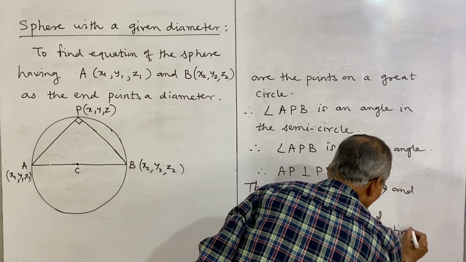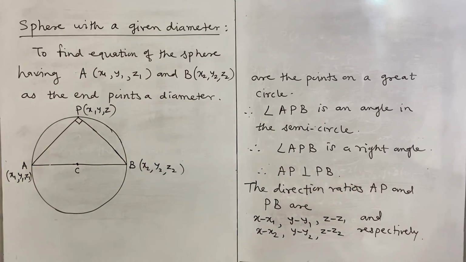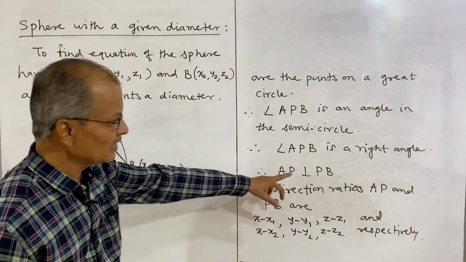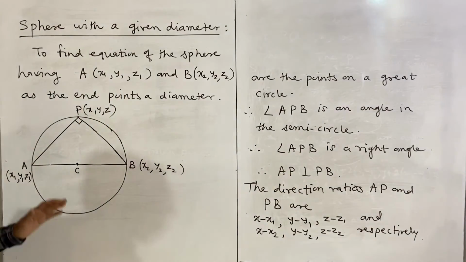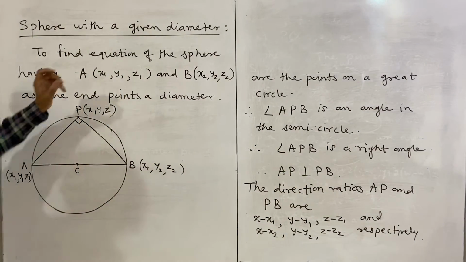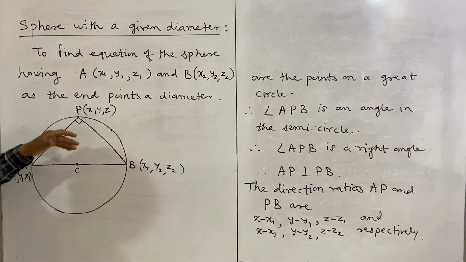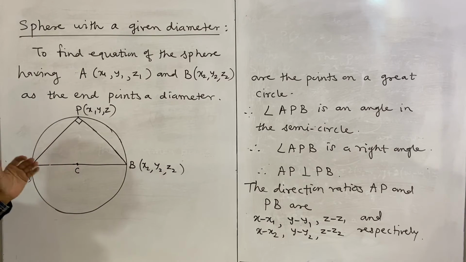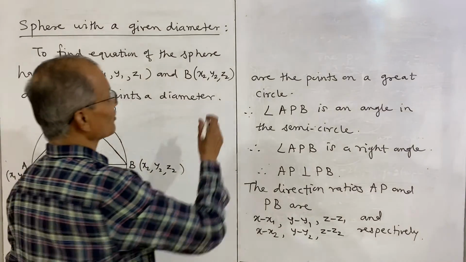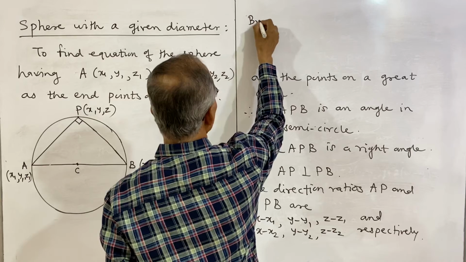Since AP is perpendicular to PB, by the condition of perpendicularity, if two lines are perpendicular and we know their direction ratios, then the sum of the products of the direction ratios is 0.